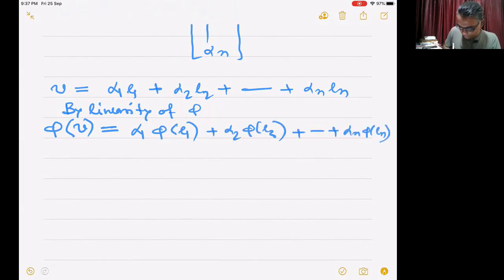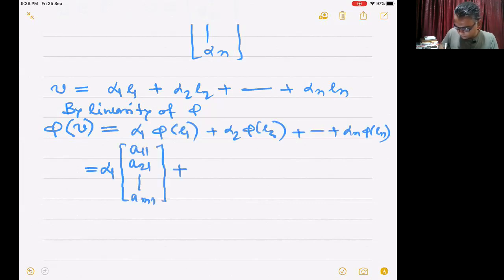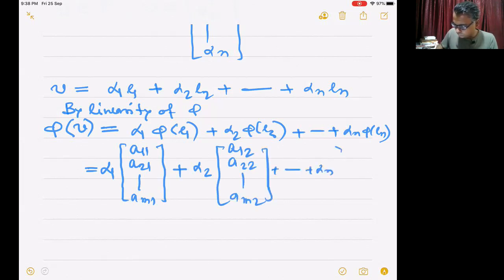But notice this can be written as, I already know that phi acting on E1 is this column vector A11, A21, dot, dot, dot, up to AM1, right? This is plus alpha 2 times this, which I know to be A12, A22, so on up to AM2, and so on up to alpha n multiplying A1n, A2n, dot, dot, dot, up to AMN.